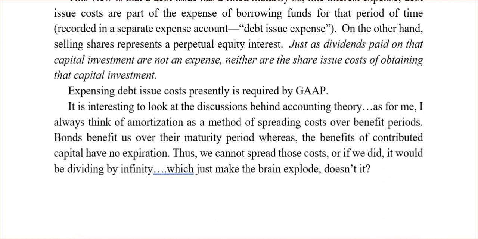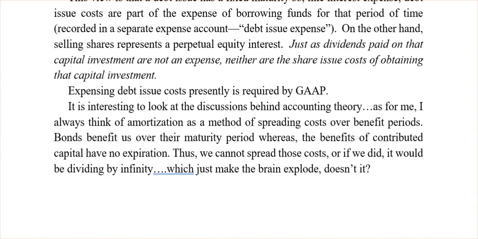Expensing debt issue cost presently is required by GAAP. It's been a recent change in GAAP, I will add. It is interesting to look at the discussions behind accounting theory. This is me speaking. As for me, I think of amortization as a method of spreading the costs over the benefit periods. It is to me an extension of the matching principle.